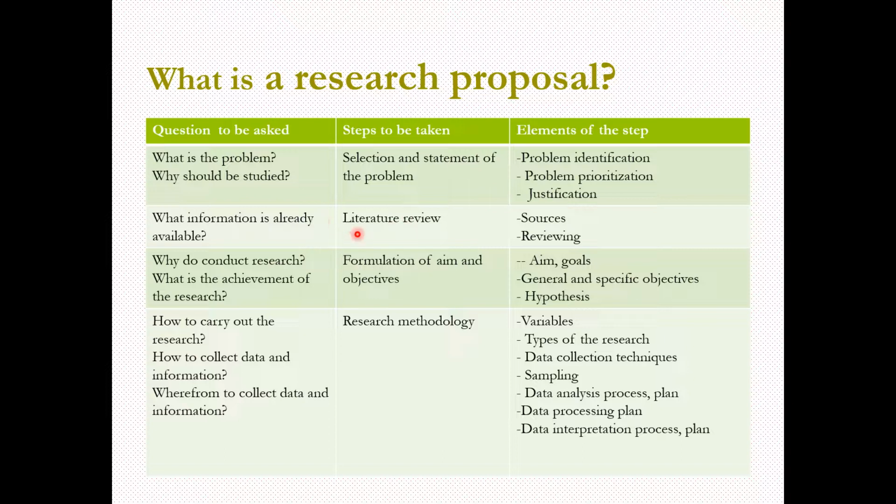So the step you need to take is to do a literature review in order to know about the information on the problems. So you need a lot of resources: the journals, the web sources, the newspapers and so many things.